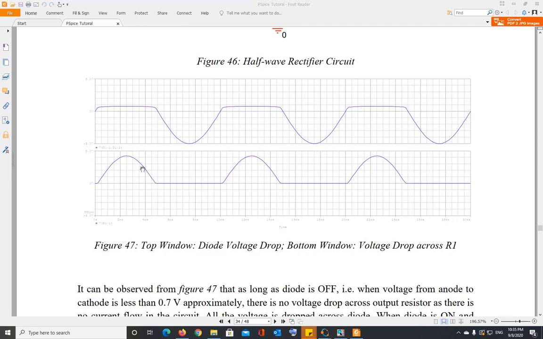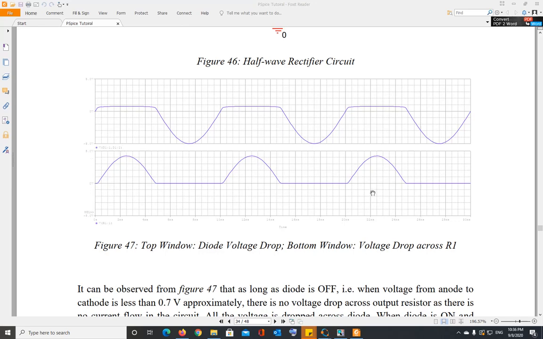So the output waveform is not 5 volt, it's 5 minus 0.7, 4.3 volt peak. And as soon as it goes below 0.7 volt and into the negative cycle, the diode will turn off and the output will become 0, because there is no current passing through the resistor. So the negative cycle is gone from the output. This is called pulsating DC. It's not called constant DC, it is called pulsating DC.